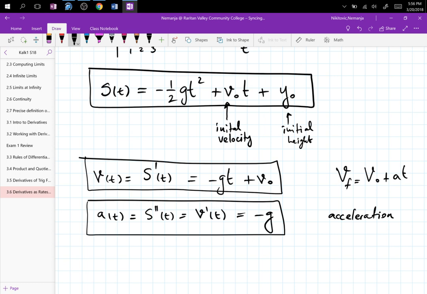Now, what is acceleration? We define acceleration as the change of velocity, so the derivative of velocity. The two pedals are changing the velocity of the car, so those pedals are the accelerator and decelerator.